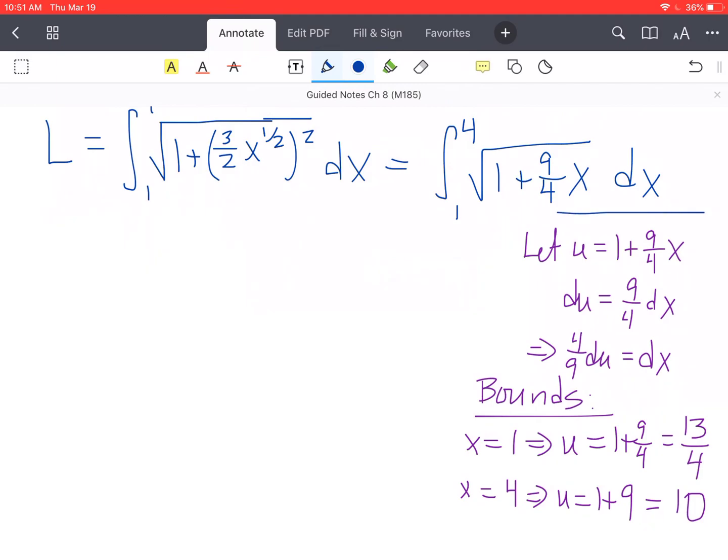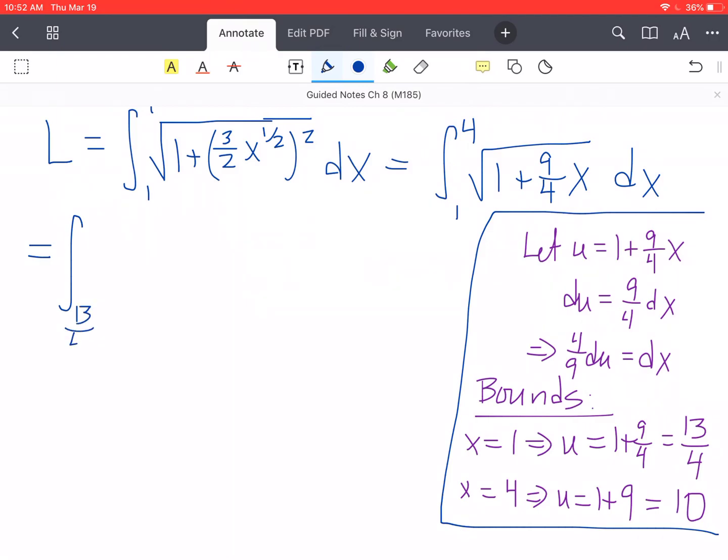So, in our u substitution, we have the integral from 13/4 to 10 of the square root of u times 4/9 du.